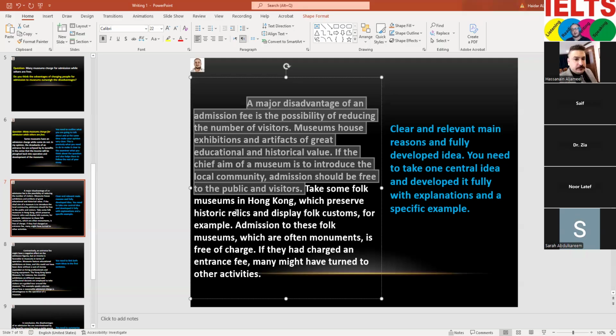How to do that? We have one of two options. Whether you write another disadvantage and explain it like here. Another disadvantage is that you write the disadvantage and explain it with how and or why. That means 3 sentences.